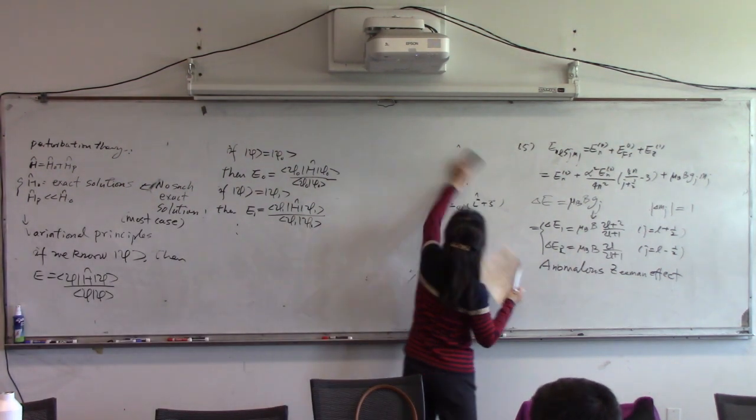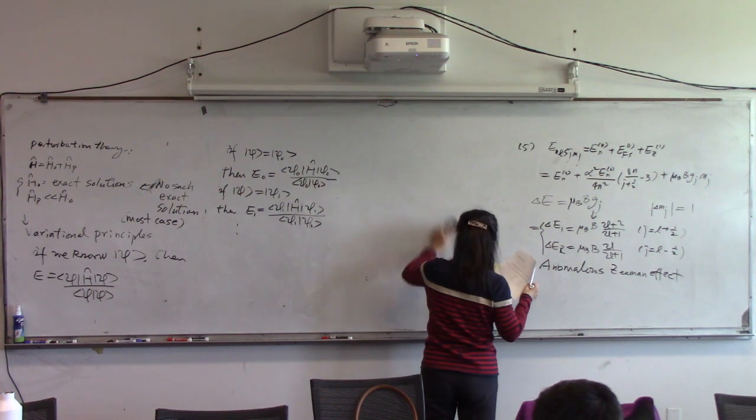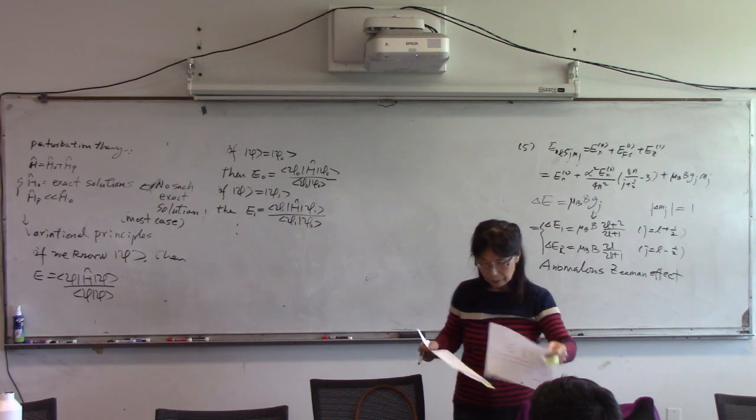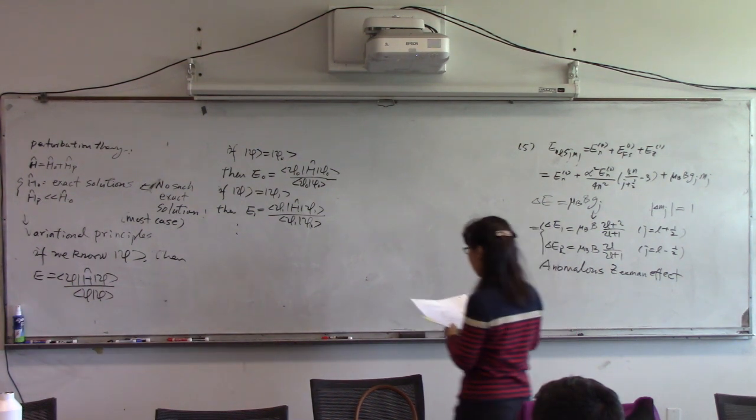So now this is if we know the states. The question is, as we see, we cannot have the exact solution, we do not know it. Then how do we find the ground state energy?